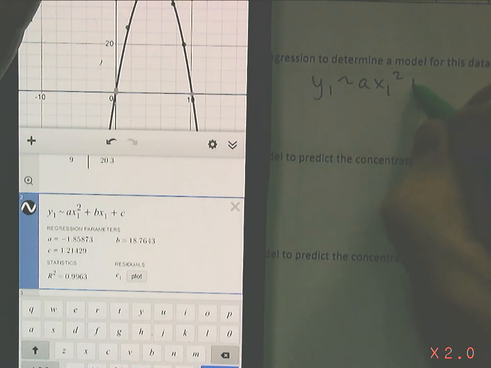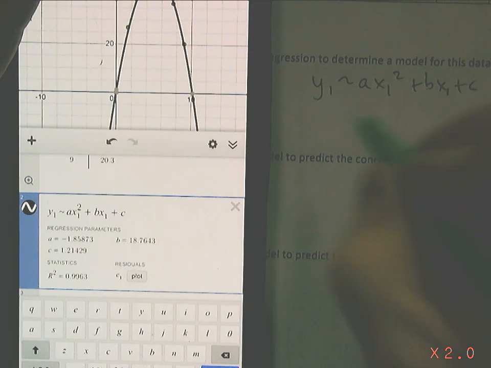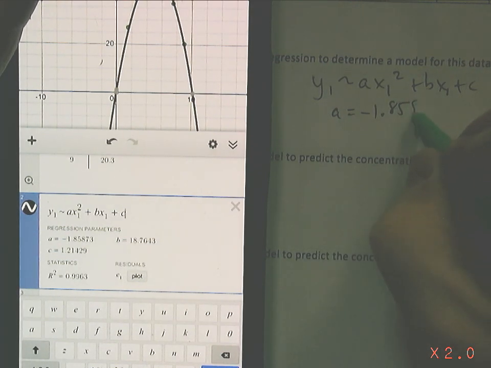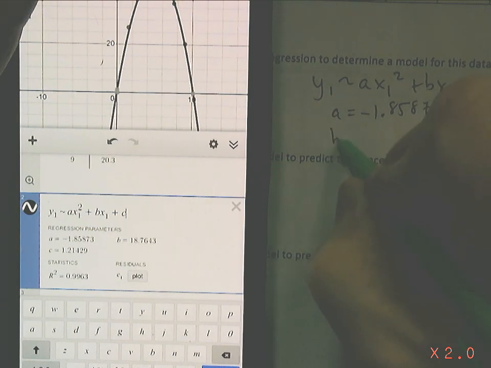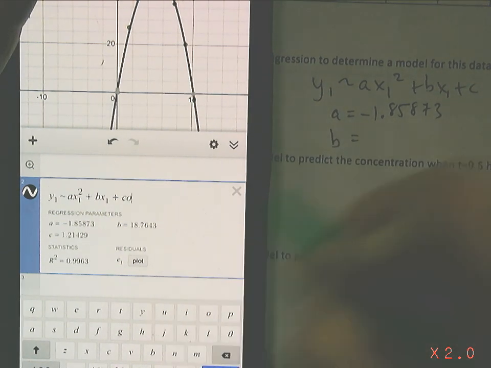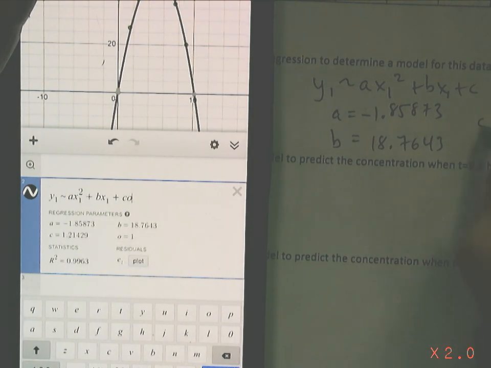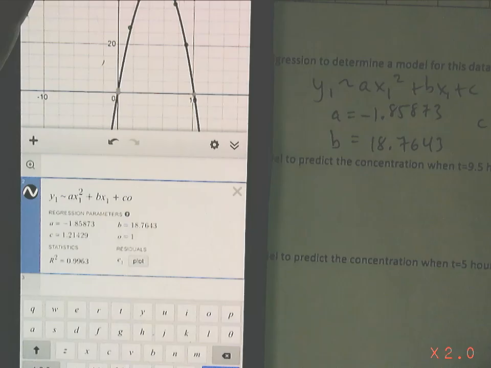I just write out the general formula, and then I list out the A, the B, 18.7643, the C, and sometimes I write down the R squared because it makes me feel good.